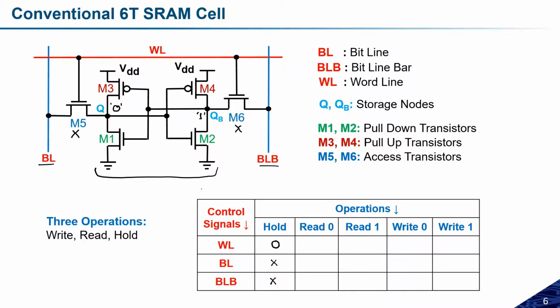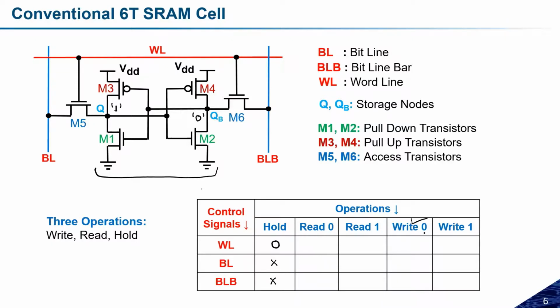Suppose I have to write 0 on the storage node Q. Then what do I have to do? See here, initially let us assume Q was 1 and QB was 0, for example.